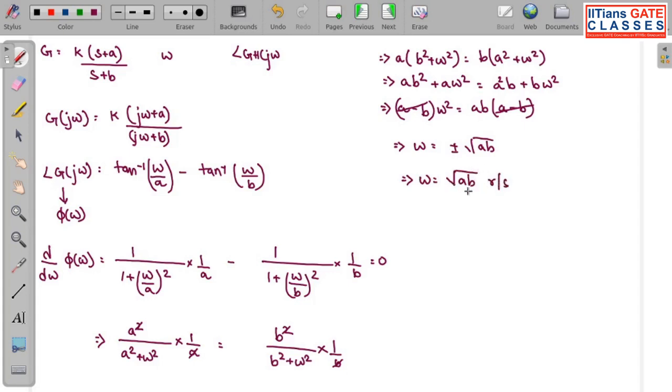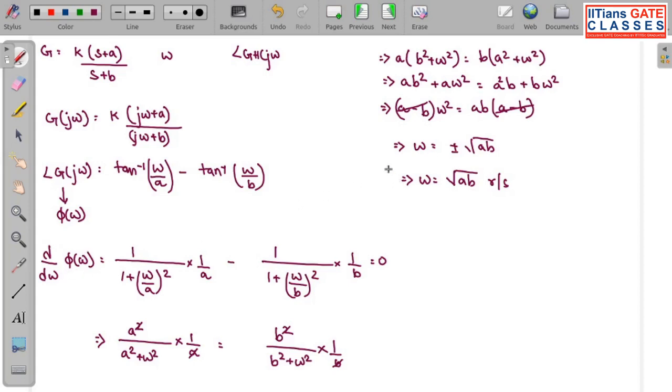Now you must be thinking whether this value of omega is a maximum or a minimum. This is a home task for you: differentiate this term again with respect to omega, and put this value of omega in that equation. You will get a negative value of the double differentiation.